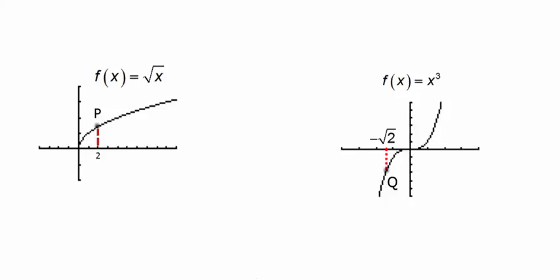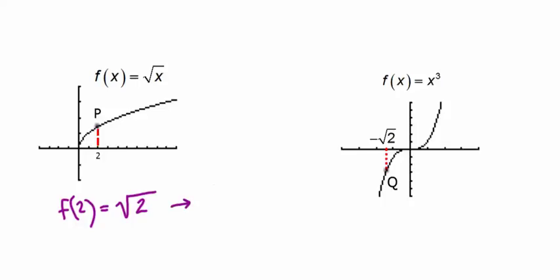When we put a 2 in for x, we're calculating f of 2. So instead of the square root of x, we've got the square root of 2. This can be written as an ordered pair.